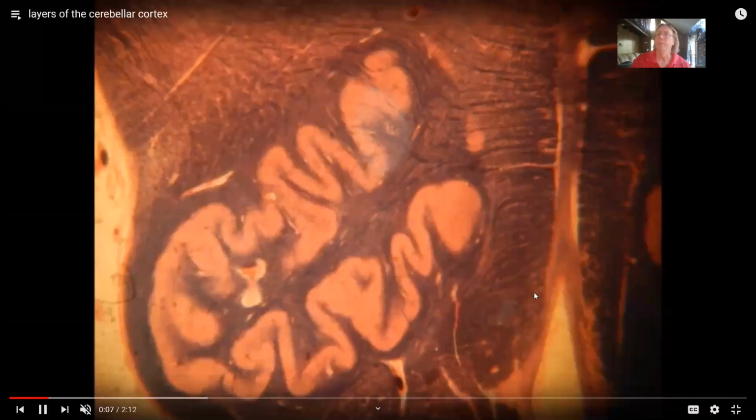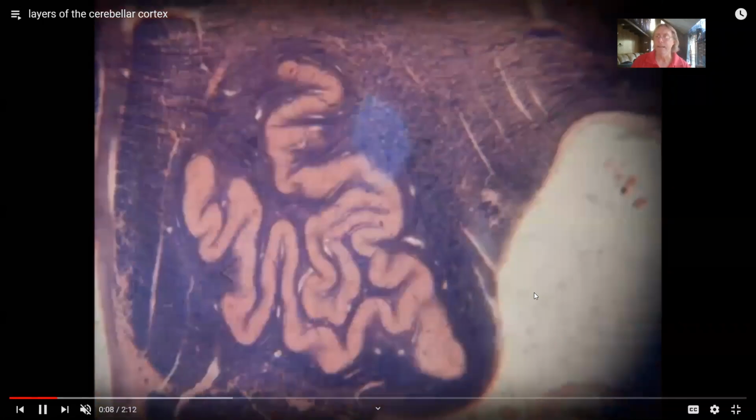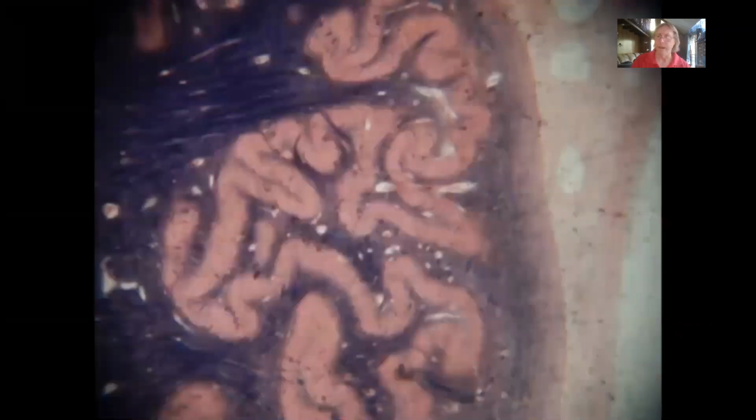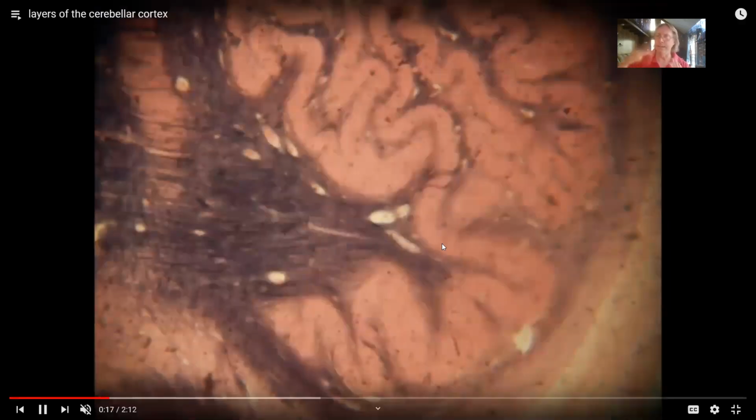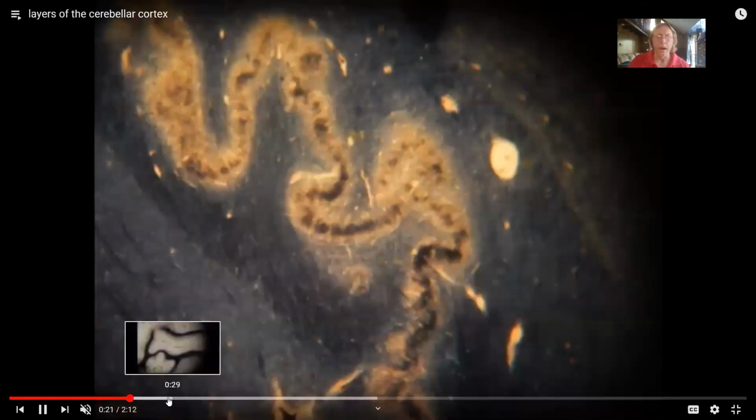The cerebellum is unique in its histological features as well. Once again, you can see that not only is the cortex highly folded, but so too are the dentate nucleus within the cerebellum. If you were to look at the cerebellar cortex, you would see layers of cells here.